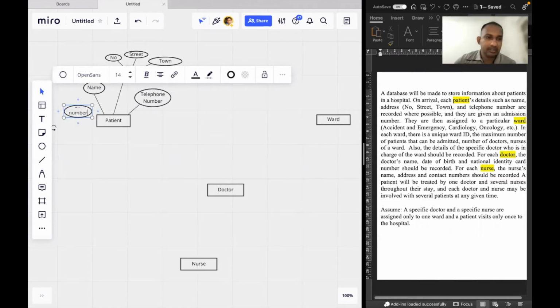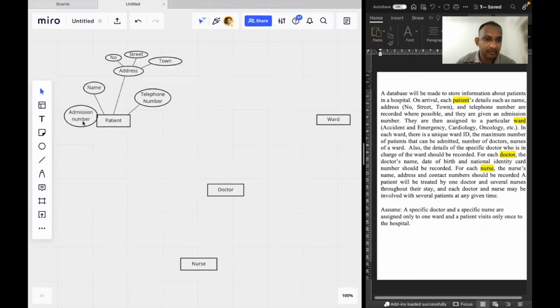Admission number. Okay, we have to draw this line.